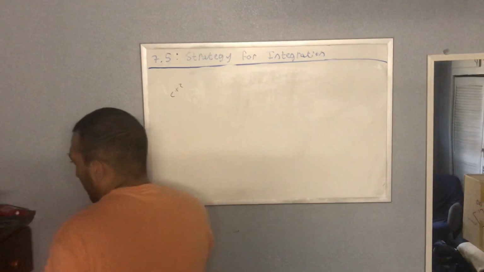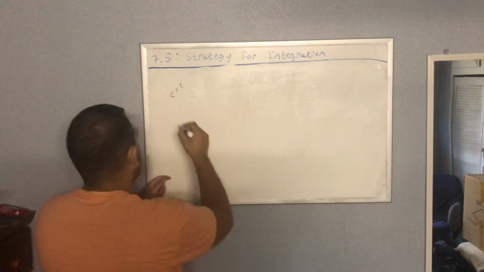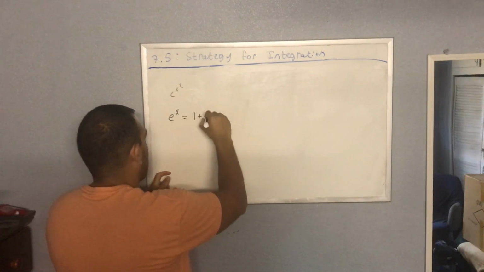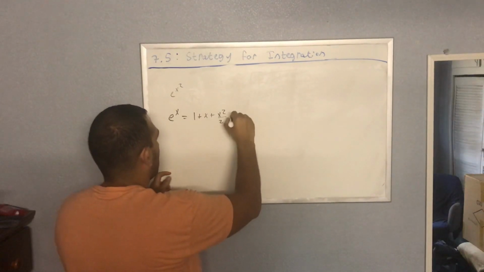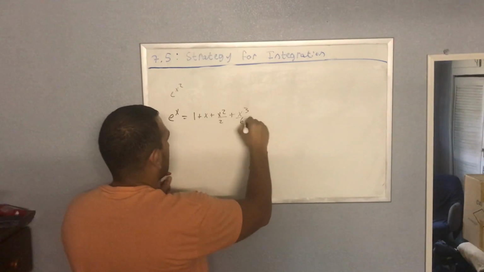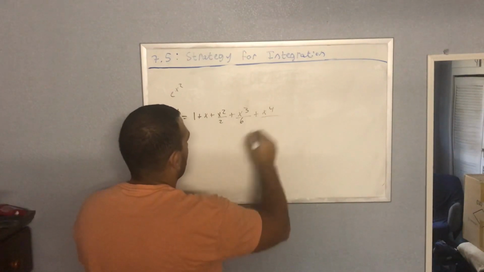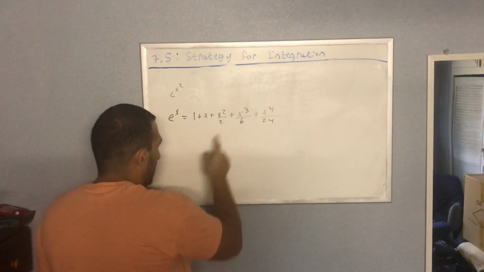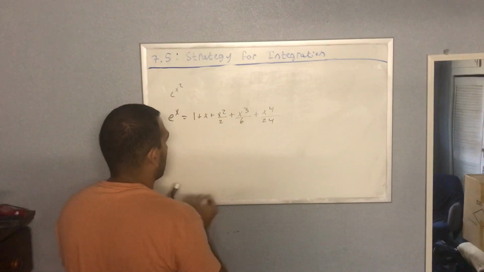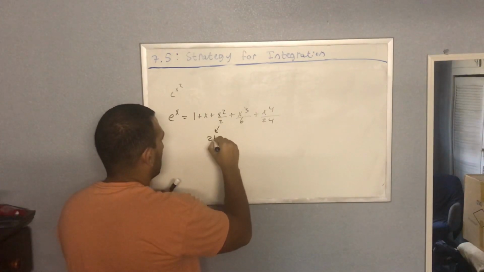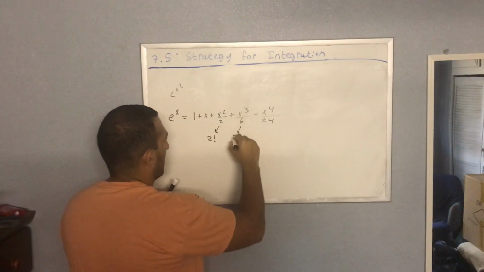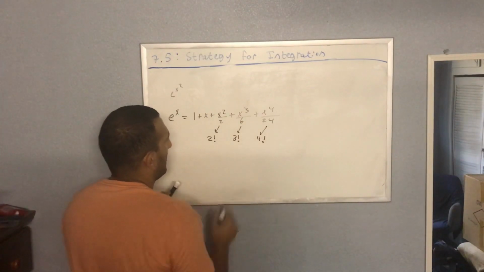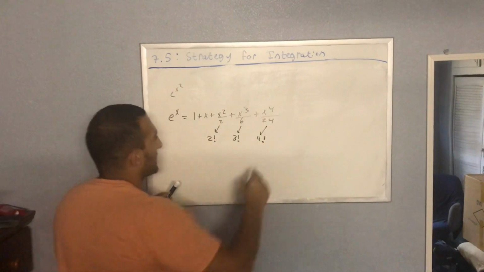So what you'll learn in calculus 3 is that you can write e to the x as 1 plus x plus x squared over 2 plus x cubed over 6 plus x to the 4th over 24, where these numbers, another way of writing them, is this is the same as the number 2 factorial. You'll learn about this a little later. 3 factorial, 4 factorial. Notice that corresponds to the power, and so on.